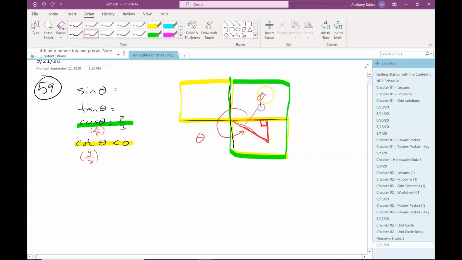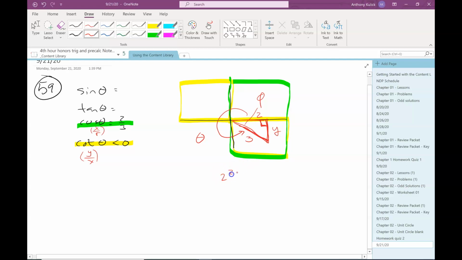Draw it out here so everybody can see the symbol I'm using. And since cosine is equal to 2/3, I know that this side is 2 and the hypotenuse is 3. Okay with that?